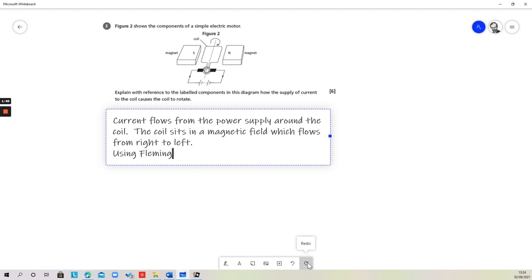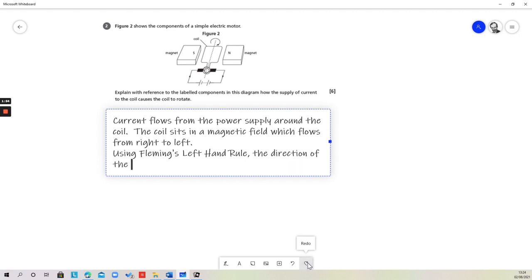Using Fleming's left-hand rule, because this is the important rule which links the field direction and the current flow with the motion, we're going to focus on the left-hand side of the coil first.